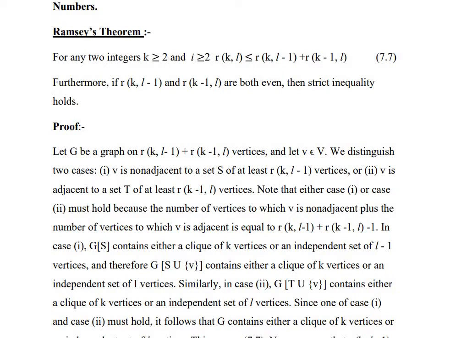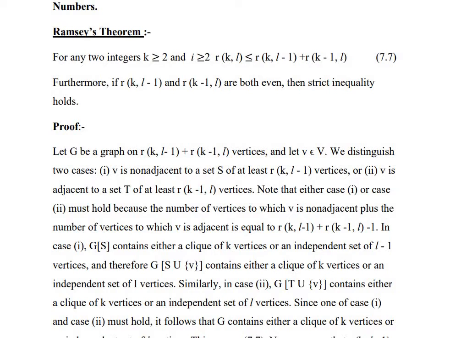Note that either case 1 or case 2 must hold because the number of vertices to which V is non-adjacent plus the number of vertices to which V is adjacent is equal to R(k,l-1) plus R(k-1,l) minus 1.